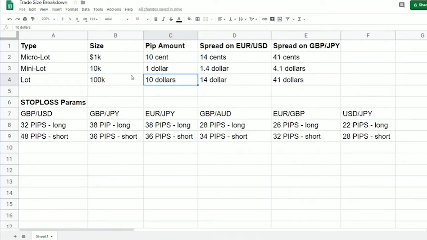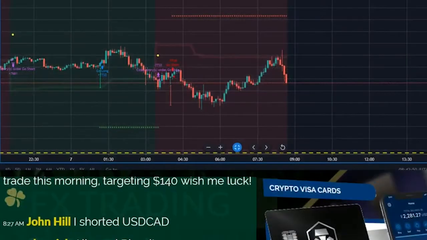Most of you probably don't need to be trading one lot or even anywhere close to one lot, because the markets can move 10 pips in a matter of seconds or minutes, depending on which pair. That's $100. If you only got $300 in your account, that is not a good look.